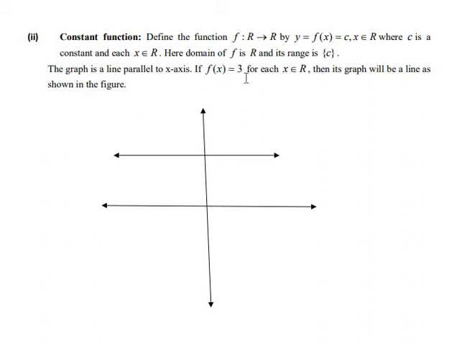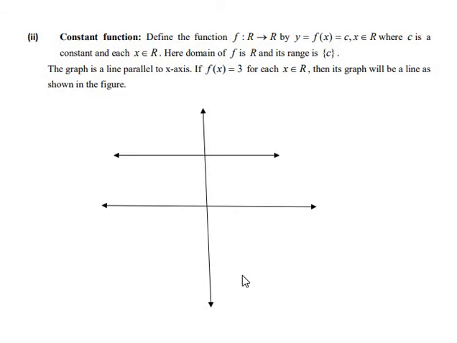Now for example, you can take f of x is equal to minus 7. Then for every value of x you will get only minus 7. In this case your line will be at a distance of 7 units from the x-axis, below the x-axis, because it is minus 7.